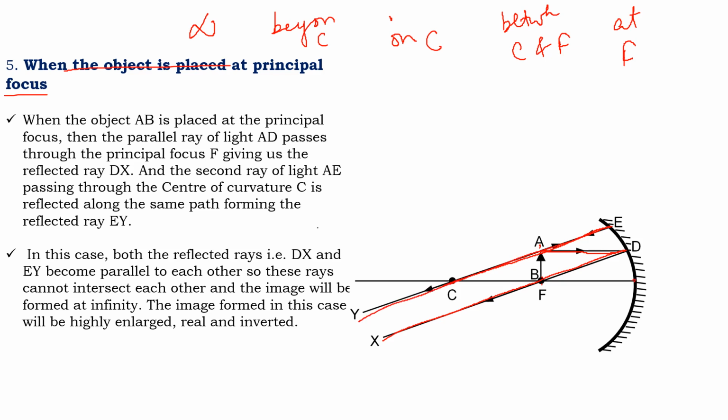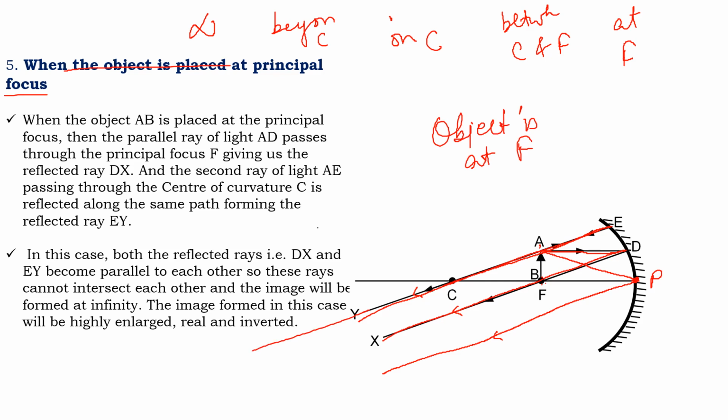Here, this point is your P. A ray of light which is passing through the pole will follow the laws of reflection and pass with the same angle. So if you see, all the lines are parallel to each other. Then we say when the object is at F, the rays are never going to meet.